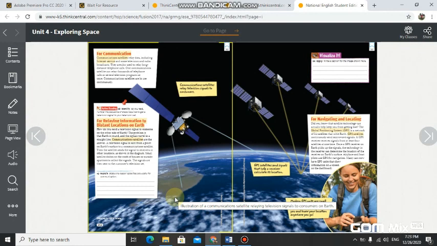We also have the GPS satellite, used to navigate and locate. GPS is the Global Positioning System. And that's all.